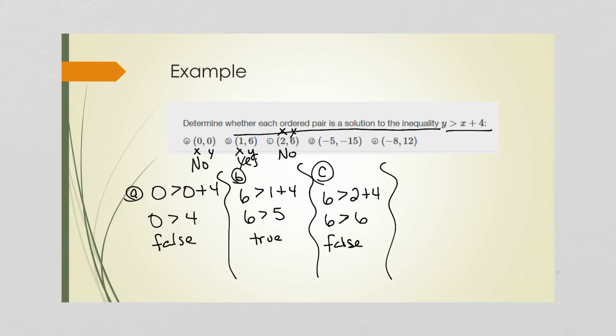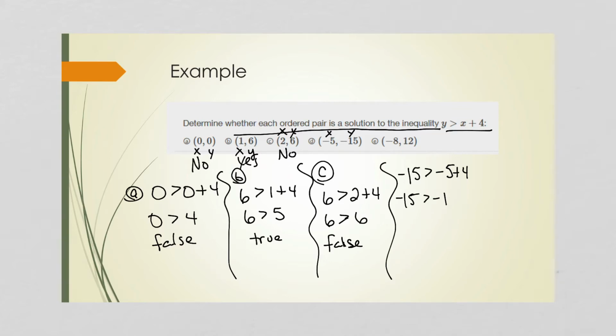On part D, we put in negative 5 for x and negative 15 for y. So negative 15 is greater than negative 5 plus 4, so negative 15 is greater than negative 1. That's also false. Negative 15 is less than. Think about negative numbers as money that you owe somebody.